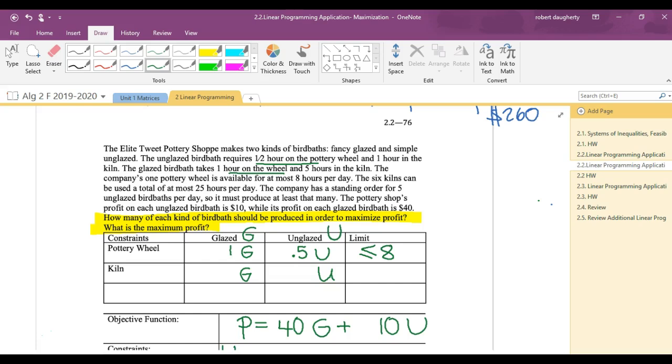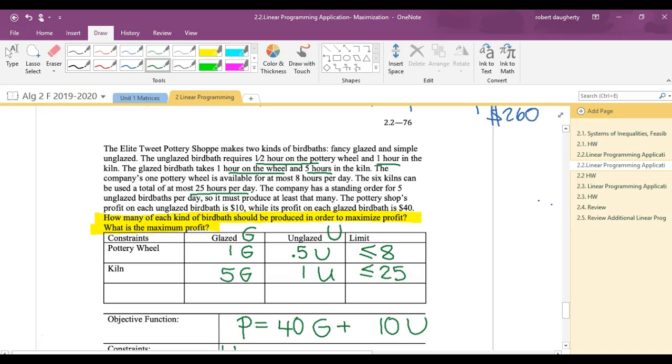The glazed bird bath takes 5 hours on the kiln, and then the unglazed takes 1 hour. And I know that the kiln is what? I've got 6 of them, but they can be used for at most 25 hours a day. So 25 is the most that can be, so less than or equal to 25.